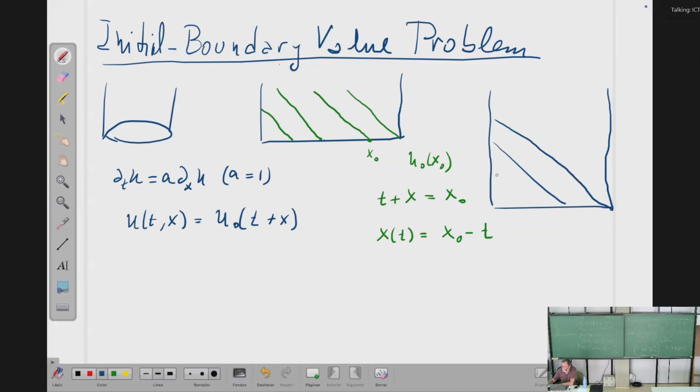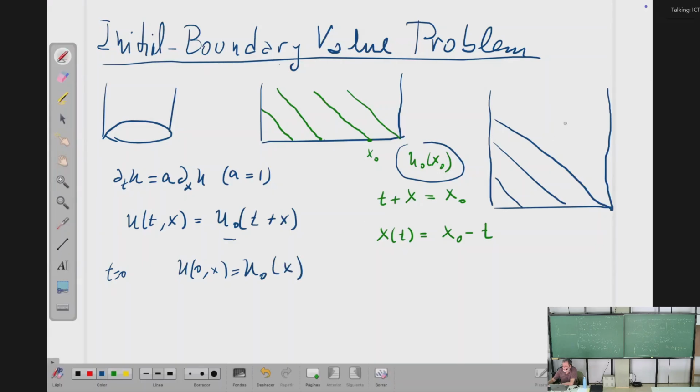Wherever I have here a solution, it goes this way with the speed 1. So here the solution is unique and is given by the initial data u0, right? So we prescribe at t equal to 0, u of 0, x equals u0 of x.